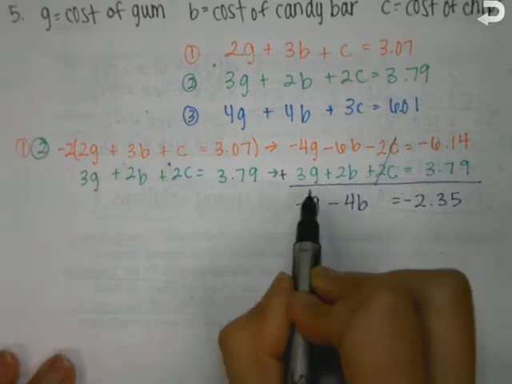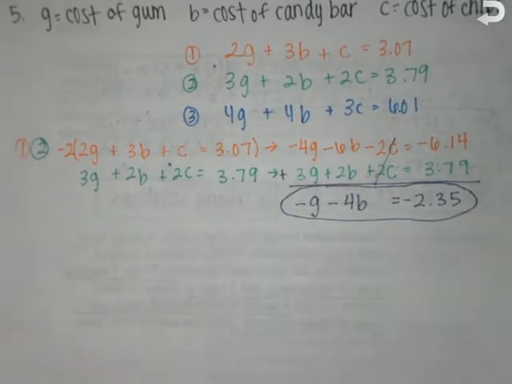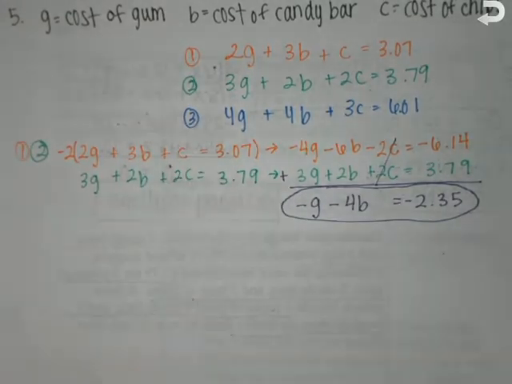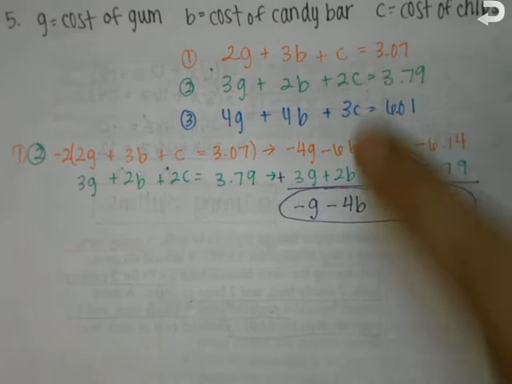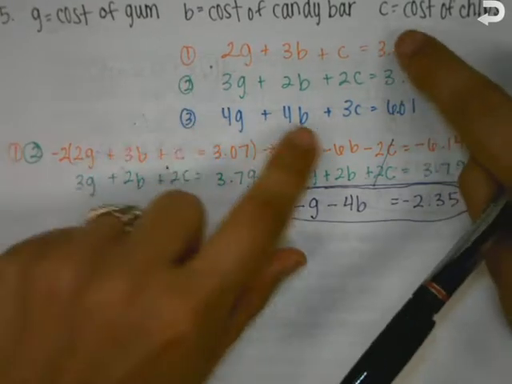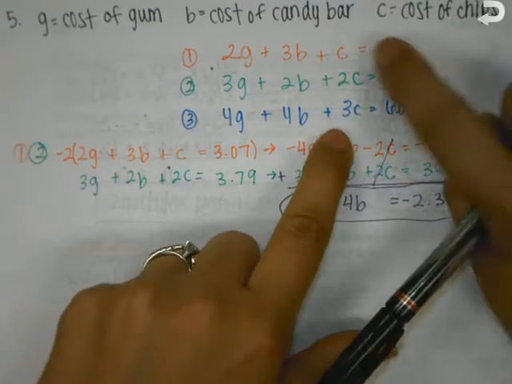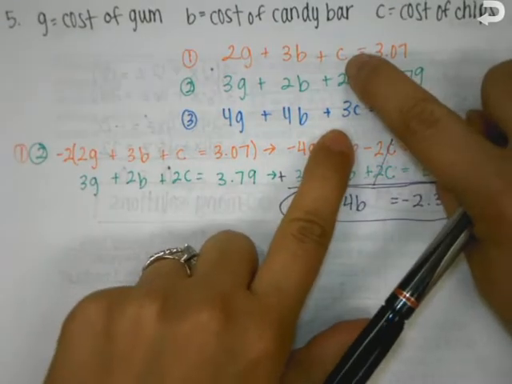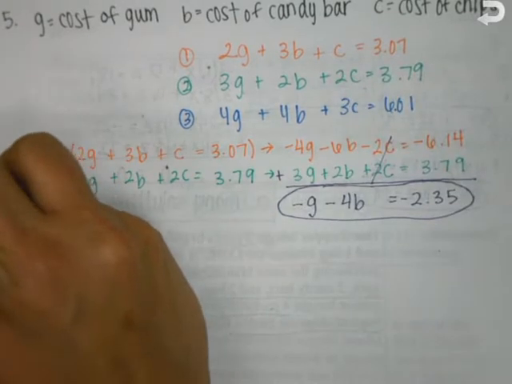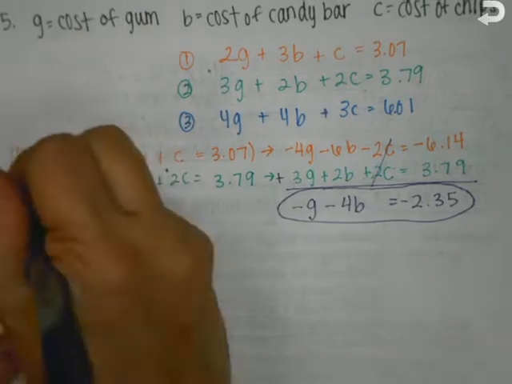If we want to eliminate C's, what 2 do you guys want to pair? 1 and 3? Only reason why I would say 1 and 3 is because we have that C by itself, right? So let's do 1 and 3. Okay, so 1 is 2G plus 3B plus 1C equals 3.07.